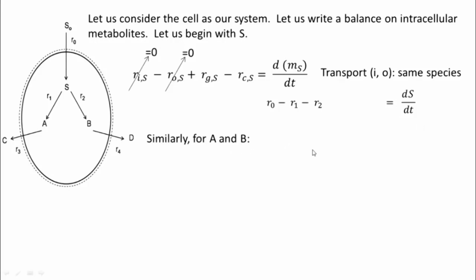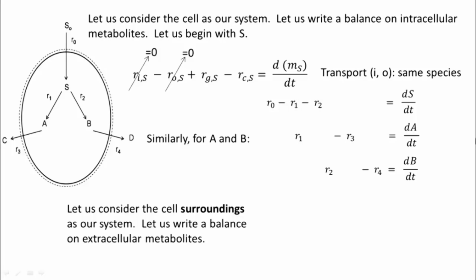Similarly, for A and B, A is formed at the rate of R1, it gets converted at the rate of R2. So generation is R1, consumption is R2, R1 minus R2 is dA/dt. Similarly, B is formed at R2 and getting consumed at R4, therefore R2 minus R4 is dB/dt.